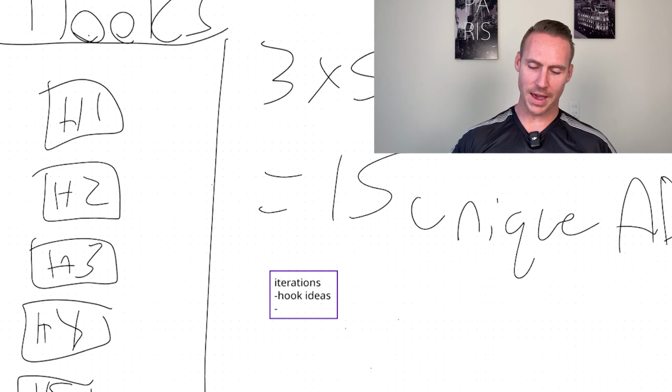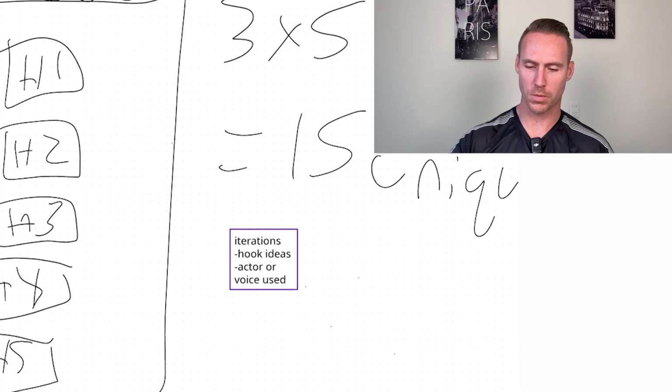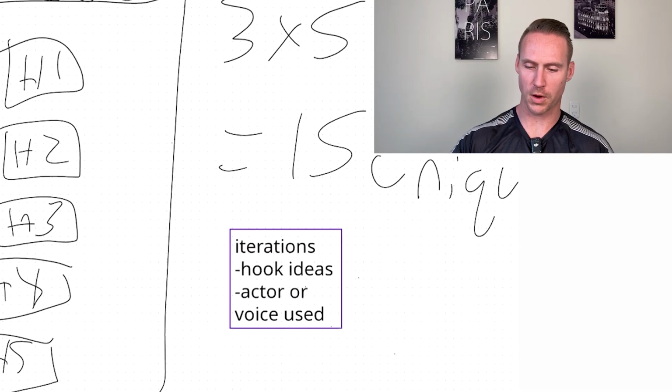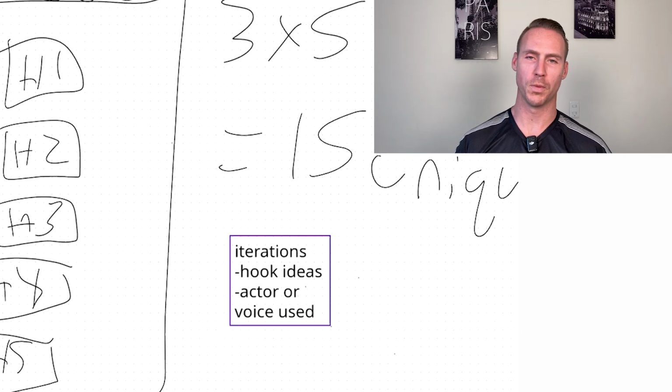Right. And then you have the actual actor or voice used. Okay. That's also a variable. Okay. You guys get the idea. So we have hook ideas, which we went over already here. Just with 5, you've already created 15 unique combinations of ads, right?